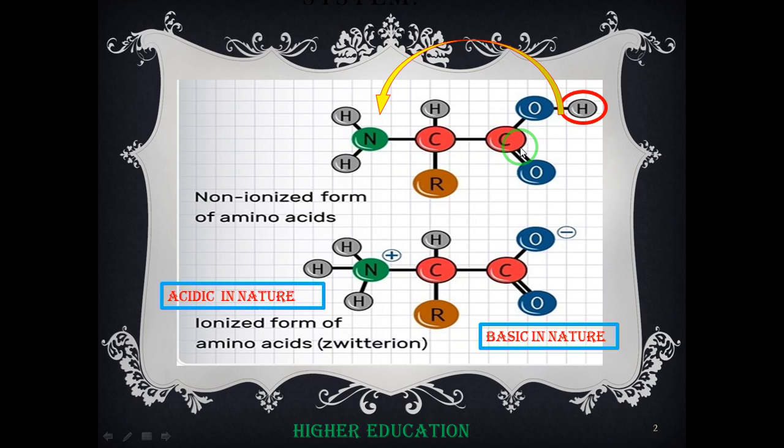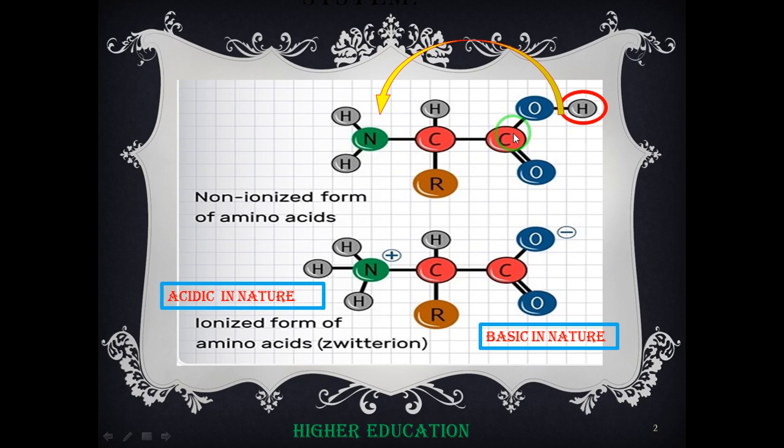In a biological system, they interact with each other, and the carboxylic acid donates a proton that is accepted by the amine group due to the lone pair of electrons on the nitrogen, and nitrogen is a more electronegative atom, that's why it easily attracts it.